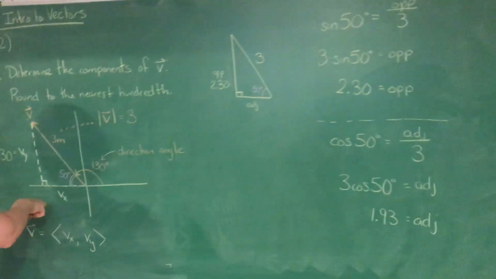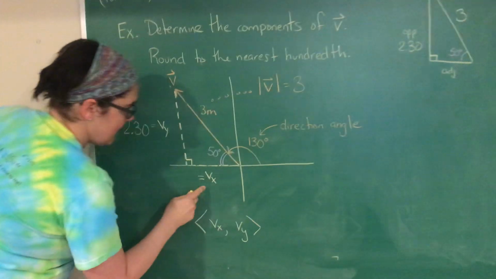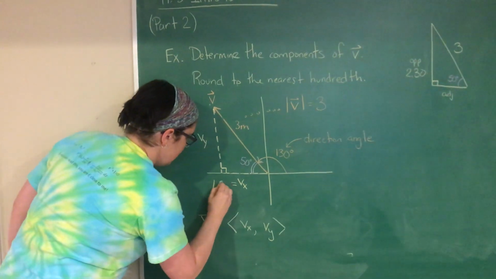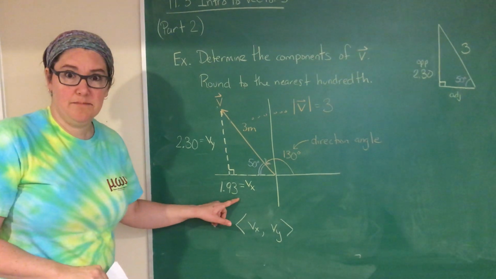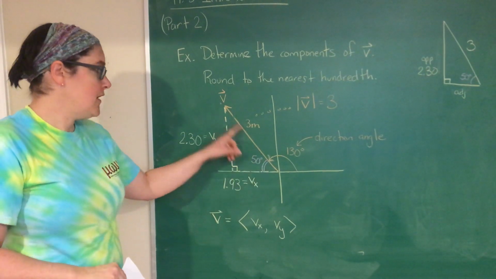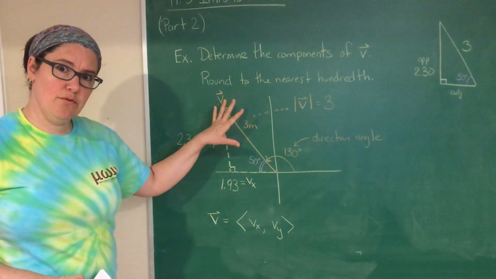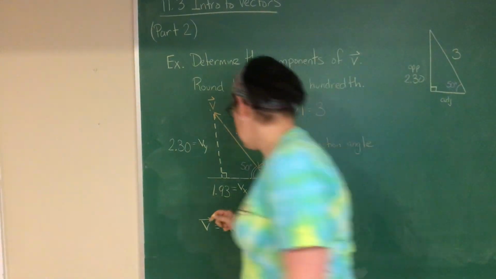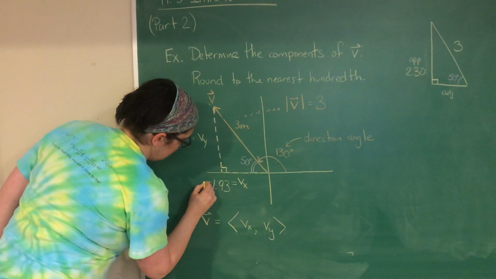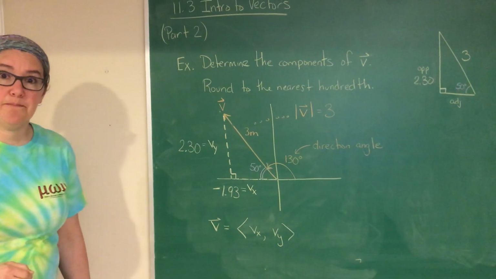So I come back over here and I'm ready to write down my x component. Our value is 1.93, but I have to be careful. Because our vector is in quadrant 2, the x values are negative, which means that our x component needs to be a negative number.